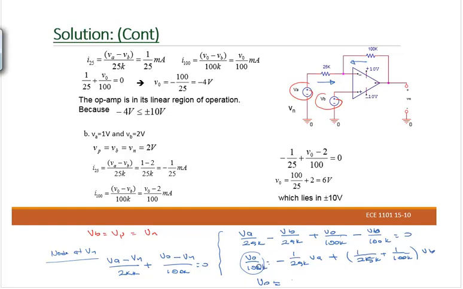So V0 is negative 100K divided by 25K times VA plus 100K divided by 25K plus 100K divided by 100K times VB.